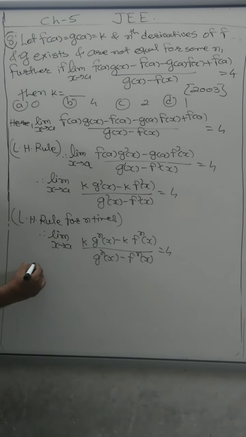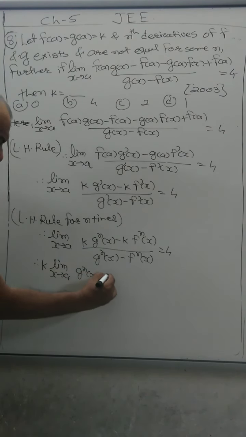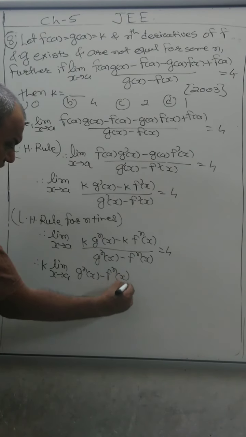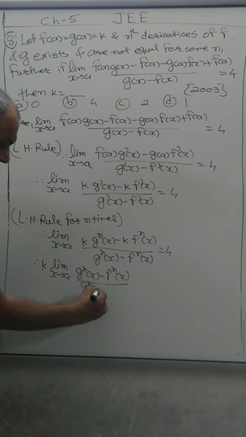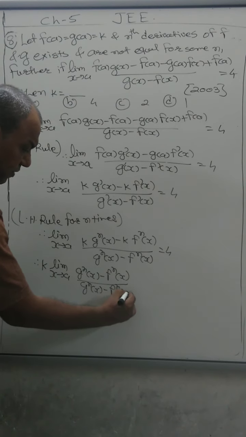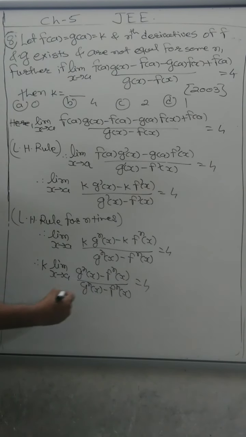Now taking k common, limit x tends to a of k times g n x minus f n x upon g n x minus f n x, which is 4. This cancels, and the limit of 1 is the constant 1. So k equal to 4 is our answer.